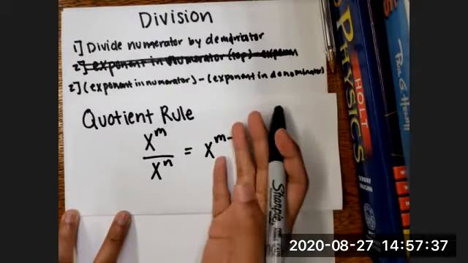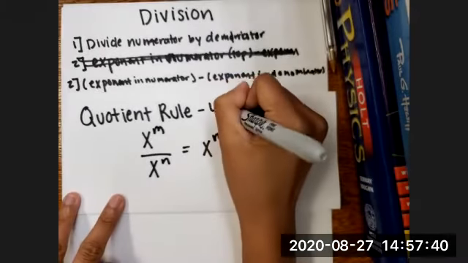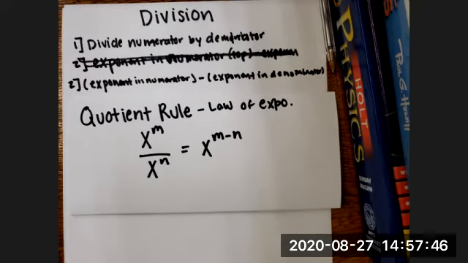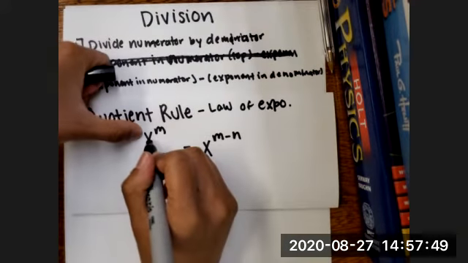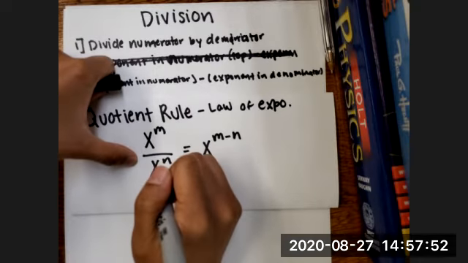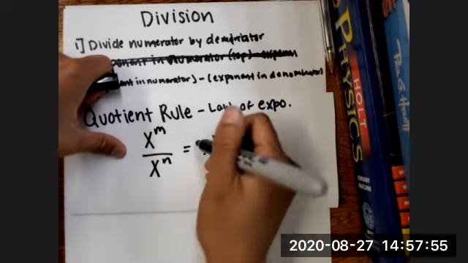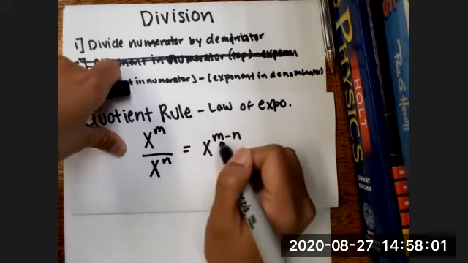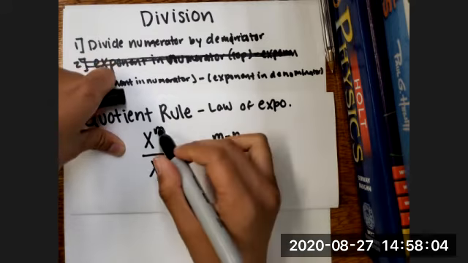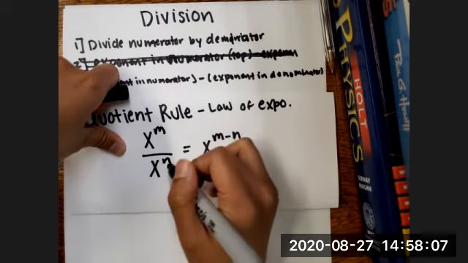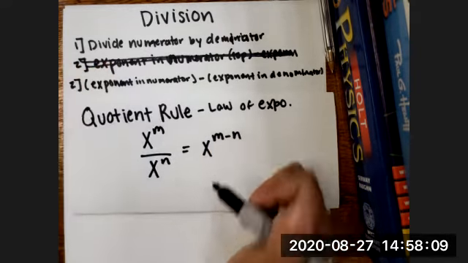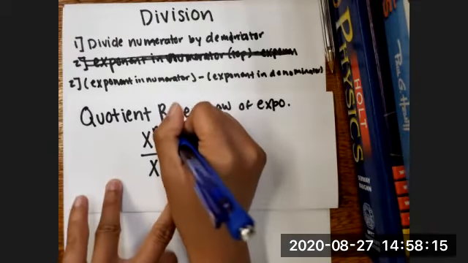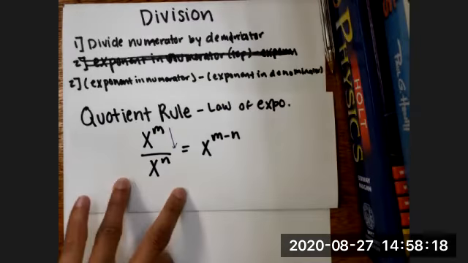The rule says if I have a number to an exponent divided by a number with the same base to an exponent, I take that base and subtract the exponent on the bottom from the exponent on the top. In math, I learned this by always subtracting top to bottom for law of exponents.